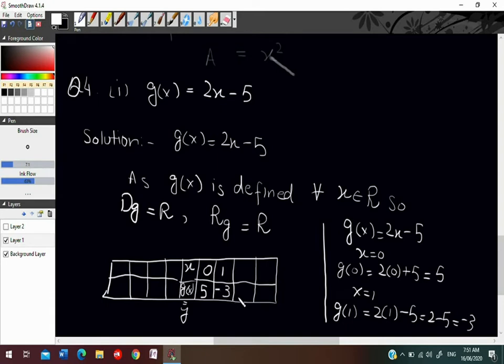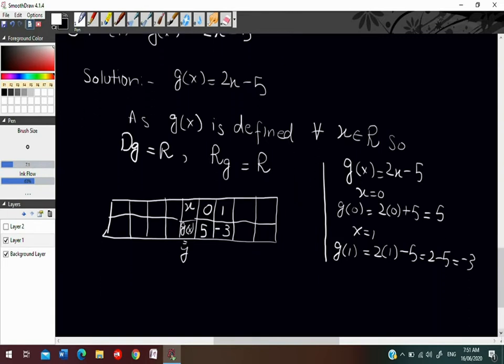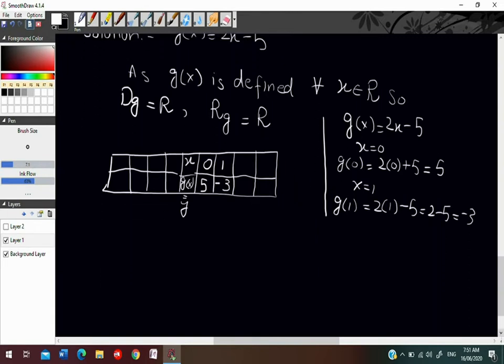Similarly, we can put different values of x and get the corresponding values of g of x. Let's say the next value of x is 2. So g of 2 becomes 2 into 2 minus 5, means 4 minus 5, which is minus 1. So when x is 2, g of x is minus 1.